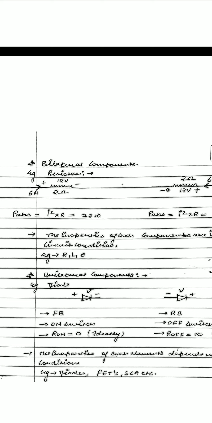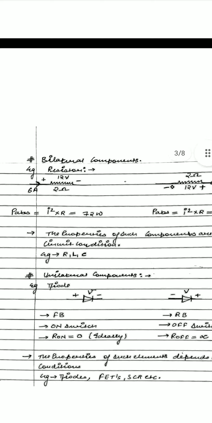But in the case of active components, suppose a voltage source, which is an active source, if the current is leaving from that source, then that terminal is considered positive. These are the standard notations which we have to remember: in a passive element, if the current is entering the terminal, it is considered positive, and in an active element, if the current is leaving from a terminal, that terminal is considered positive.